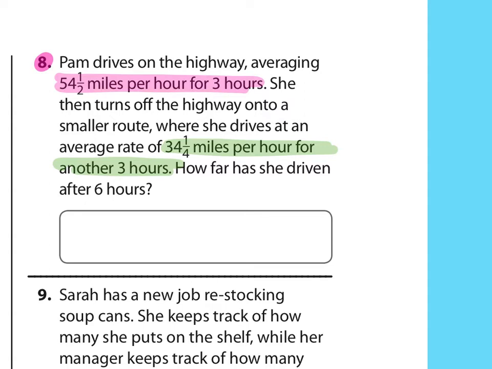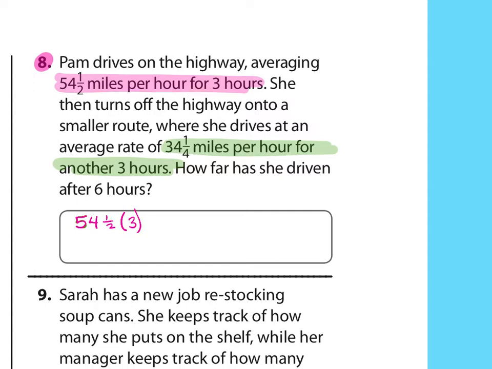So she is averaging 54.5 miles per hour for 3 hours. So if we take that 54.5 miles per hour for 3 hours, and we just multiply it by 3 because that's the distance she would travel in 3 hours, we could find her highway miles.